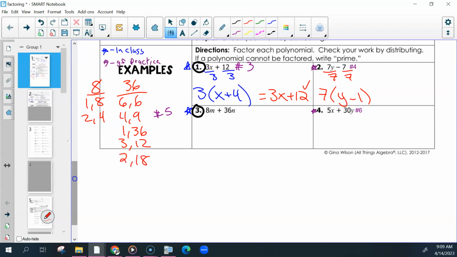What is the highest that we share? Is 2 the highest? What is it? 4.